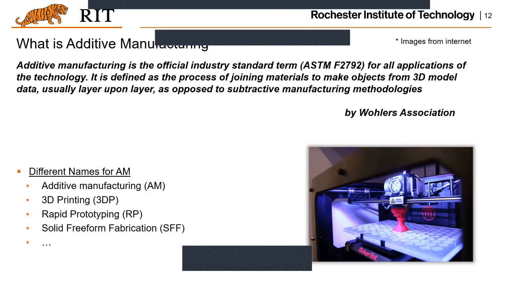But you can see the evolving of the names for additive, right? Here is a video of a typical fused deposition modeling 3D printer. You can see it deposits the plastic material layer by layer.